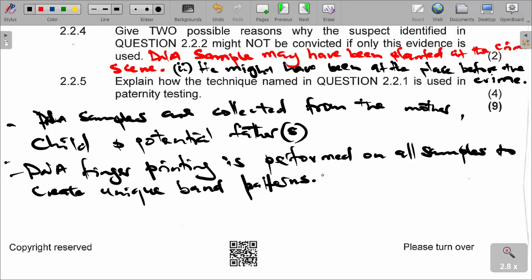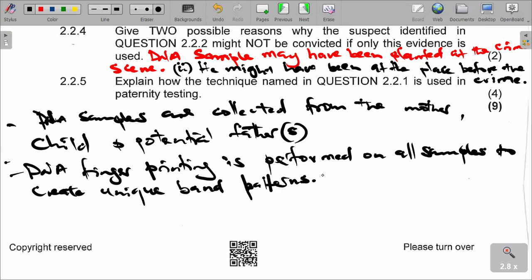So what happens is that the child inherits half of the DNA from the mother and half from the biological father.